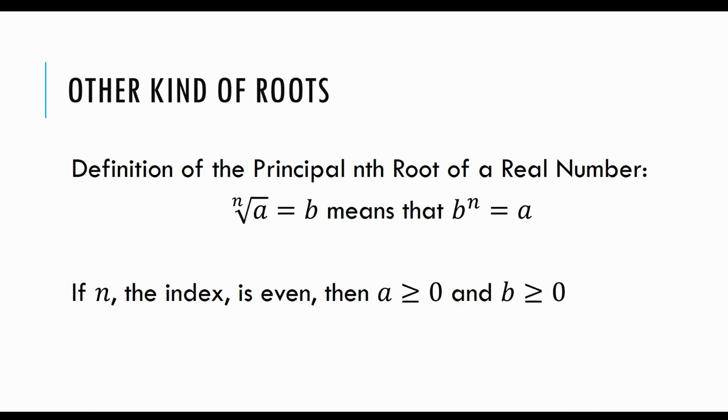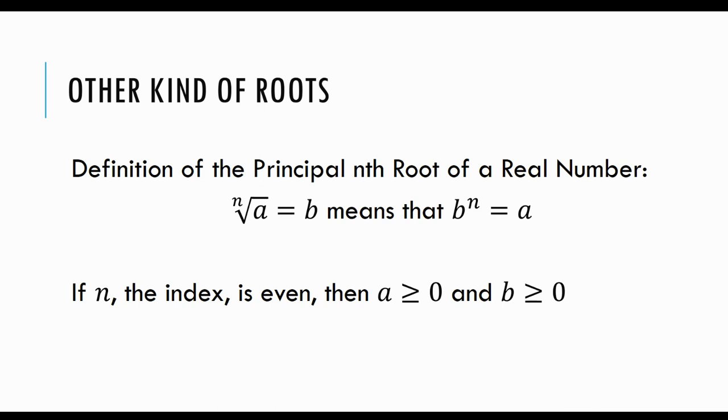So anytime that number is an even number, so 2 is the smallest even number, and that basically would be a square root. And normally when you see a square root, we don't write the index of 2, but anything like a 4 there, 6, or so on, any even number, then a has to be greater than or equal to 0, and b has to be greater than or equal to 0.